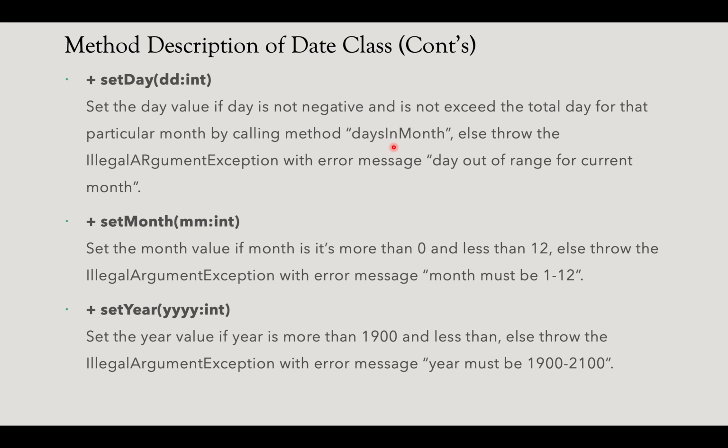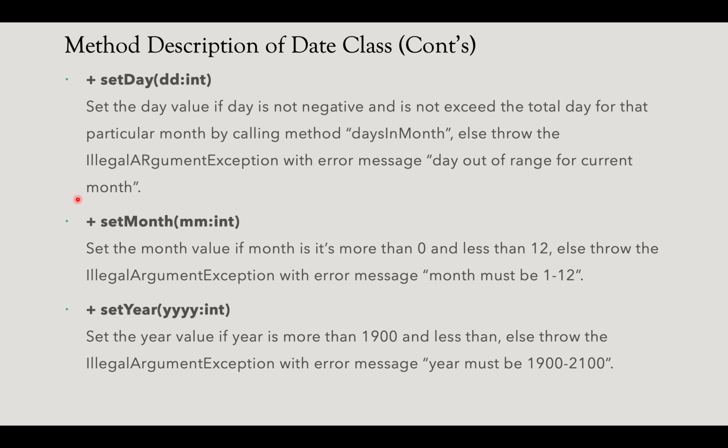Let's say you key in 31 on February, definitely that one is wrong, right? So what it will do is throw the IllegalArgumentException, with the error message that the day is out of range for the current month.